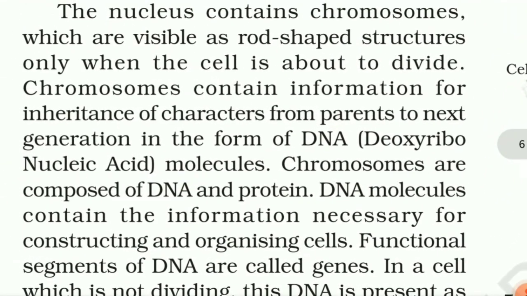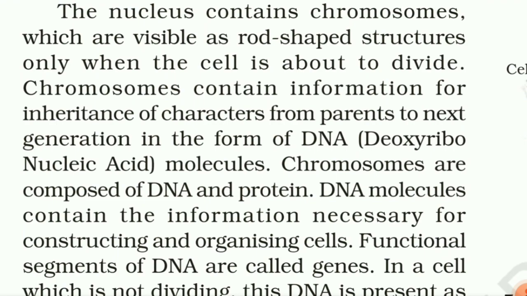The nucleus contains chromosomes, which are visible as rod-shaped structures only when the cell is about to divide. The chromosomes contain information for inheritance of characters from parents to the next generation in the form of DNA. So what they're telling here is that the nucleus contains chromosomes, visible as rod-shaped structures when the cell is about to divide. We already know that cells divide, multiply, and keep on going, right?